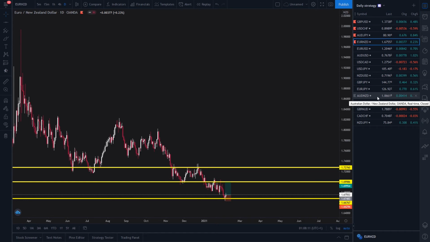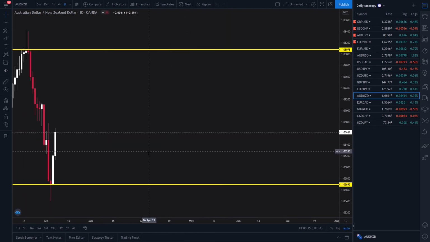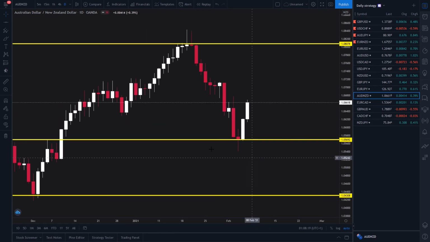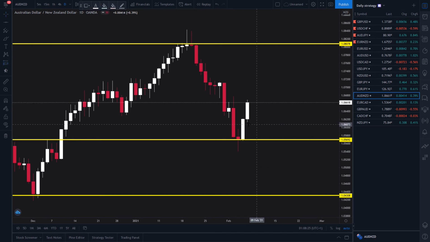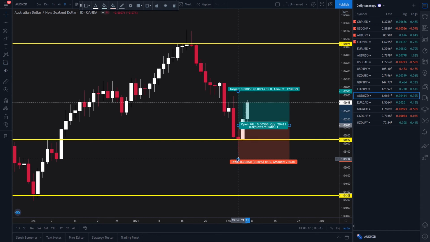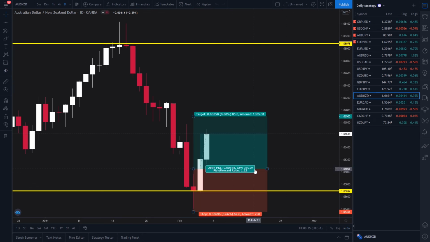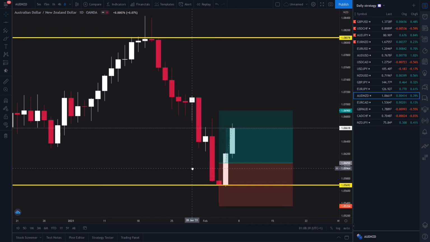We are continuing with AUDNZD. Also, this was very clear for a long position. Guys, I'm teaching you the strategy, so be prepared for the next week, and you can go and backtest it now.